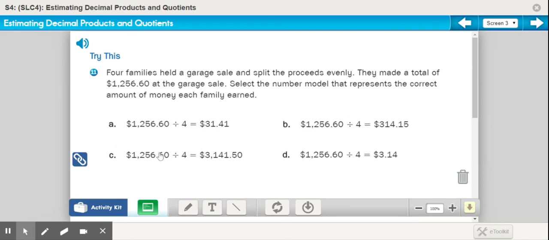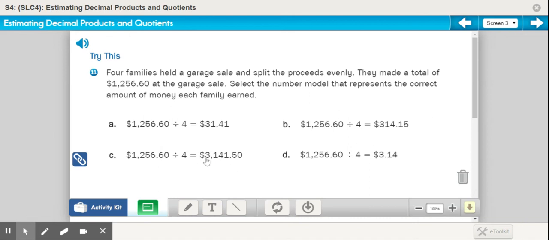We have to figure out which one has the correct answer. Now, when I'm looking at this, I see 2 of them that make little to no sense right away before I even try to figure it out. C, if you're dividing a large dividend by a smaller number, so 4, are you going to be making more than what you started with?